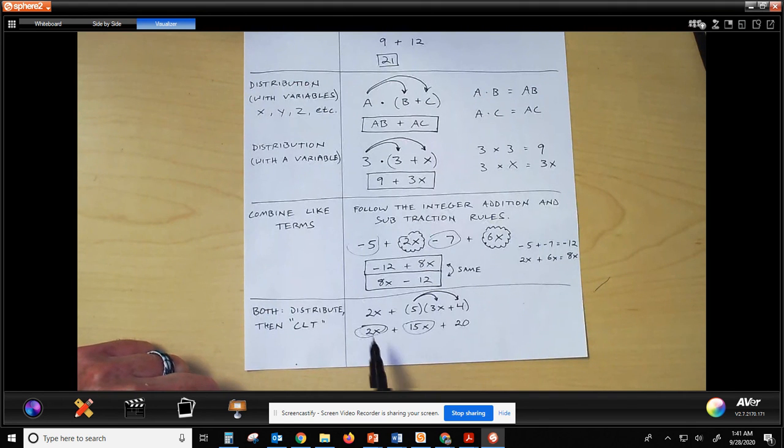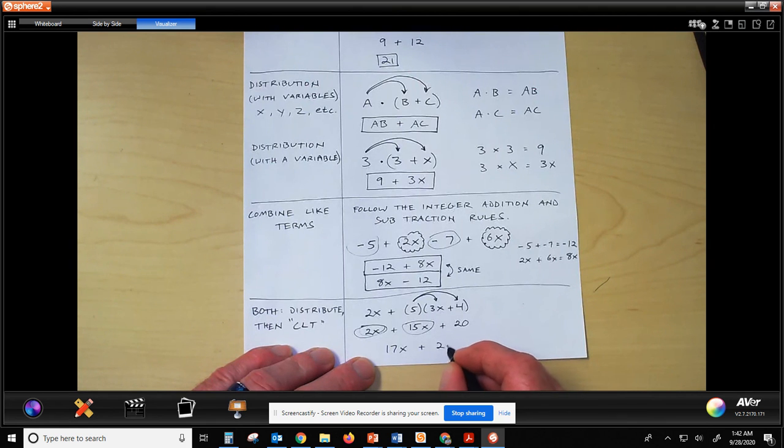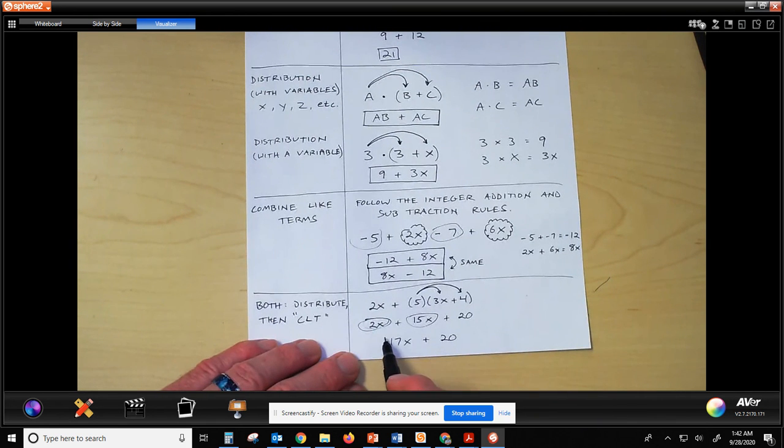And this was number 9 and 10 on the problem. You had a distribution first, the problems last week, distribution first, and then combining your like terms. I can put 2 apples and 15 apples together for 17 apples. And this is as simple as I may get when I don't know what X stands for.